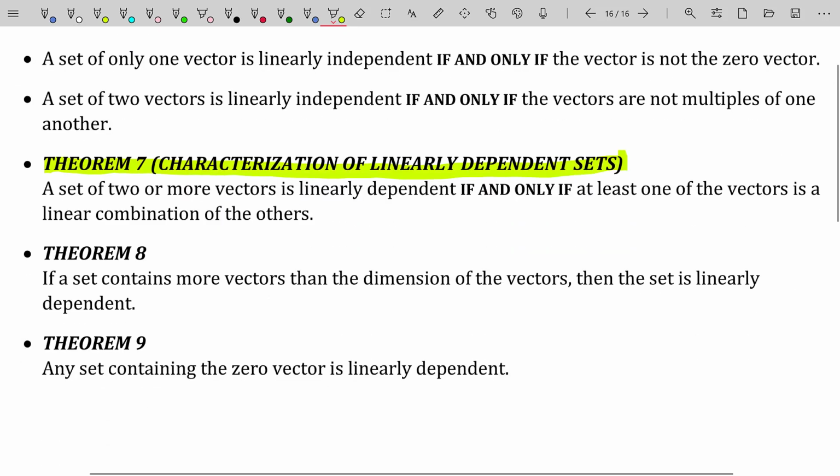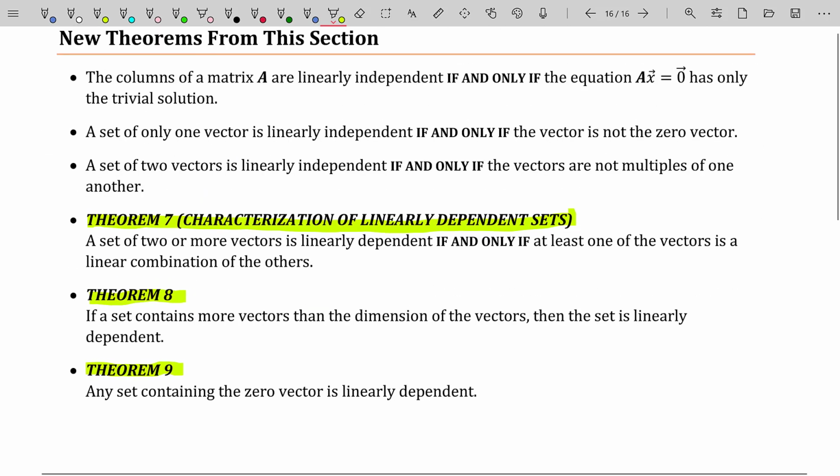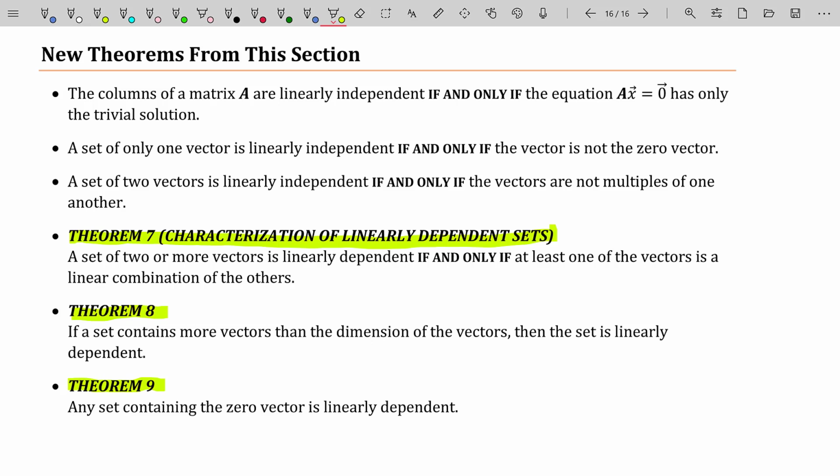Theorem 8, if a set contains more vectors than the dimensions of each vector, then the set is linearly dependent. That is useful more often than you might think. And finally, theorem 9, any set containing the zero vector is linearly dependent. That one is less useful than you would think for a numbered theorem, but it does come up every once in a while. All right, that does it for linear independence.